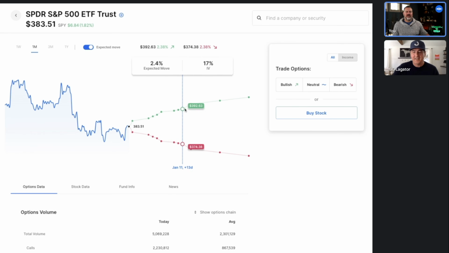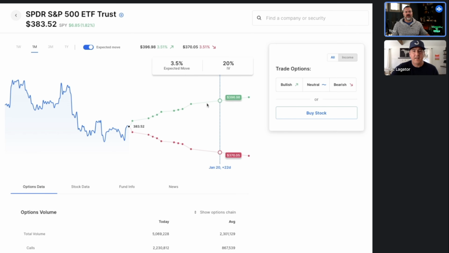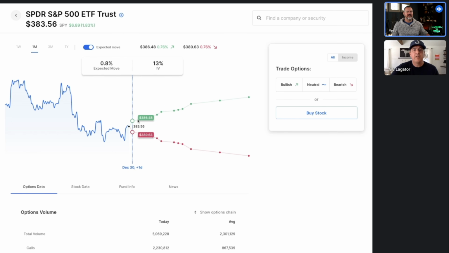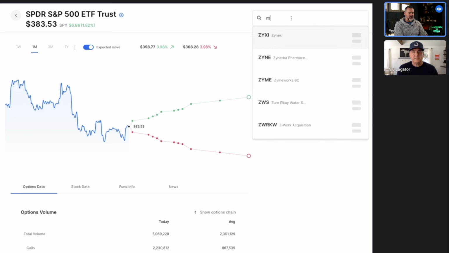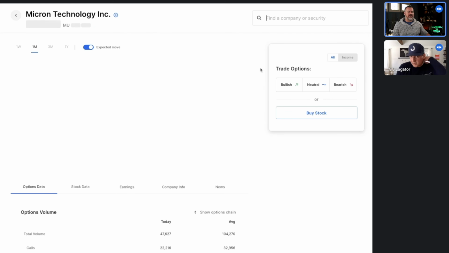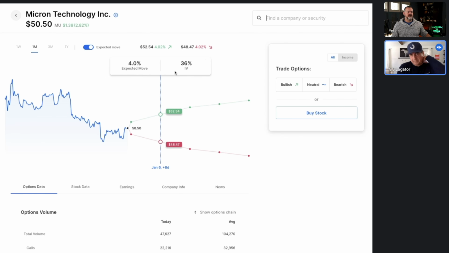And it is very cool because normally on a projected cone like this, a standard deviation cone, I would expect that this line would be curved, but you can see that there's not. There's a wider expected move when we move from the January 11th date out to the January 13th date, which is cool. Now, does that happen on all stocks? What's really interesting there is, obviously you have fewer expiries in Micron that we're looking at right now.